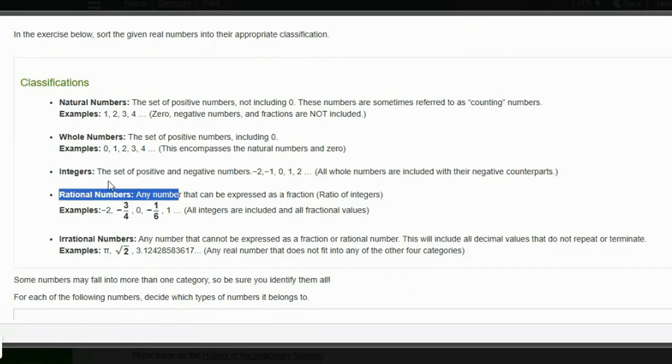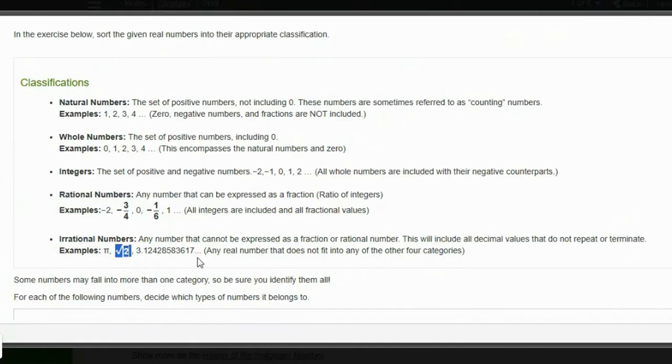And then finally, the irrational numbers. That's any number that's basically not a rational number. You can't express it as a fraction. This includes all decimal values that do not repeat or terminate. So any decimal that goes on and on forever without repeating is an irrational number. Like pi is an irrational number. The square root of 2 is an irrational number.